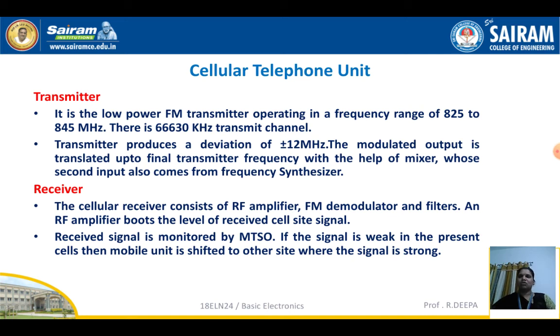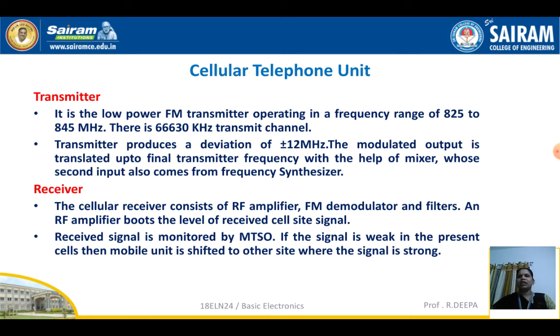The transmitter produces a deviation of either plus or minus 12 megahertz. Whatever the modulated output, it will be translated to the final transmitter frequency with the help of a mixer whose second input also comes from the frequency synthesizer. The basic operation of a transmitter is to convert the data; it has to be modulated so that it can reach the receiver even if the receiver is in a remote place.